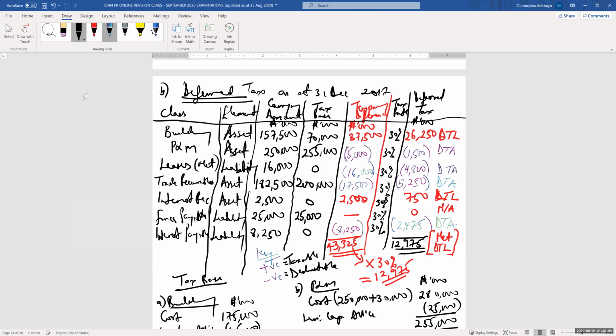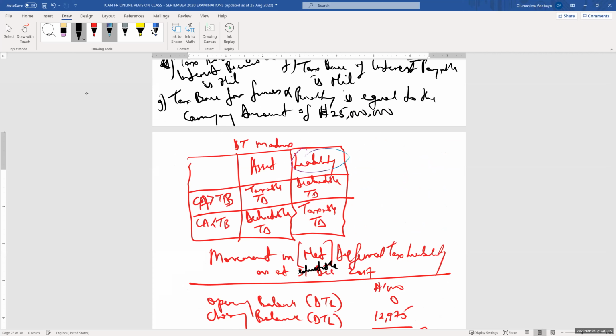If you go back to my deferred tax matrix, when you have an asset, anytime the carrying amount is greater than tax base, we say it is taxable. Anytime the carrying amount is less, which is negative, we say it is deductible. And this is for an asset, is it not?